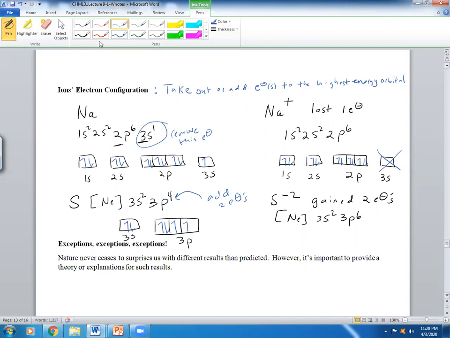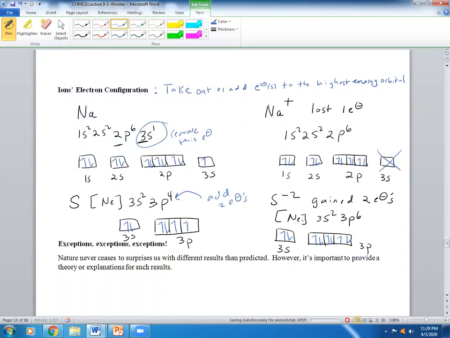But when you added the electrons to it, it becomes diamagnetic because they're all paired now. So up, down, up, up, up, down, down, and then down. Notice the difference between them.